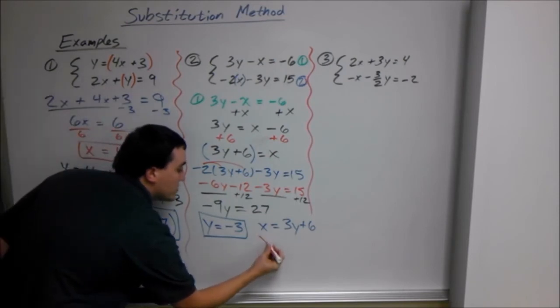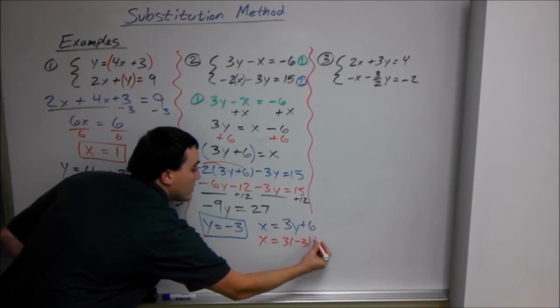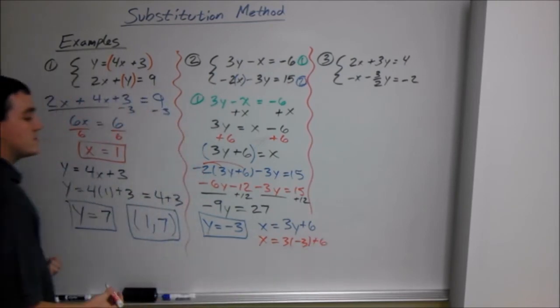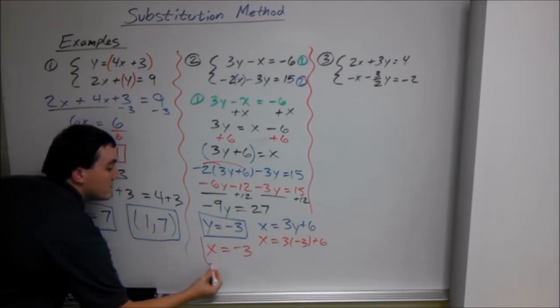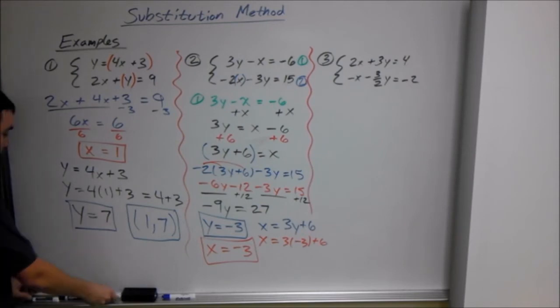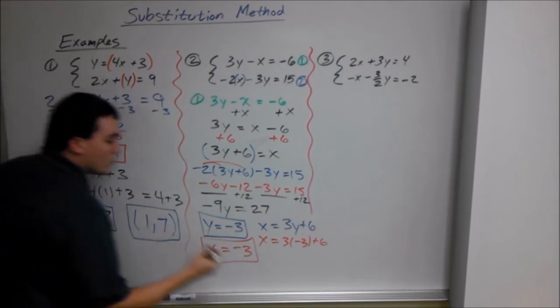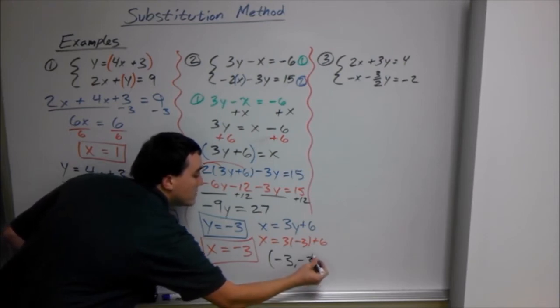So x equals 3 times negative 3 plus 6, which is negative 9 plus 6. So x equals negative 3. And that gives us a coordinate point x comma y. So our answer would be negative 3 comma negative 3.